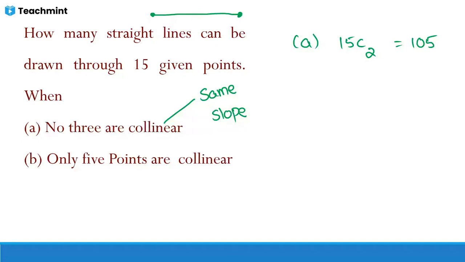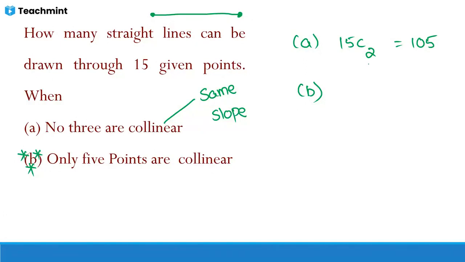Now see this. The second question is a very important thing, and you can expect that question. N number of times they ask this question in TCS and all other recruitments as well. Only 5 points are collinear. Now listen, the first question is separate: among 15 points, no 3 are collinear.